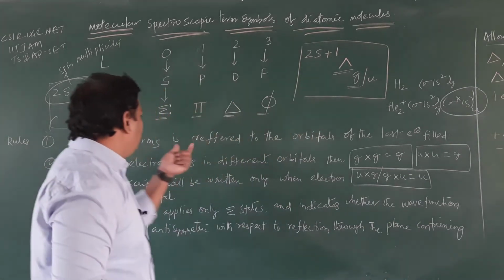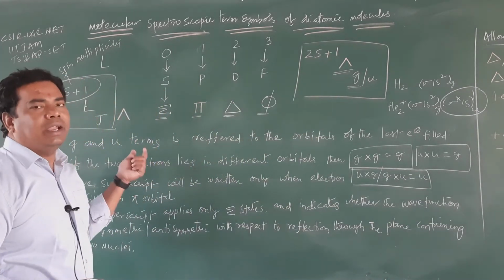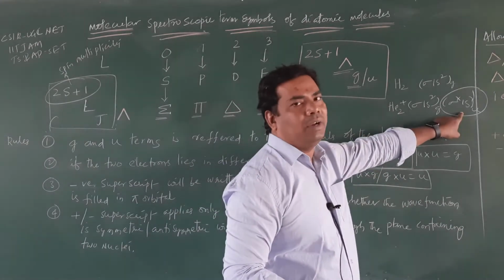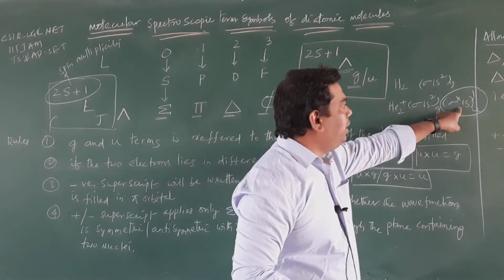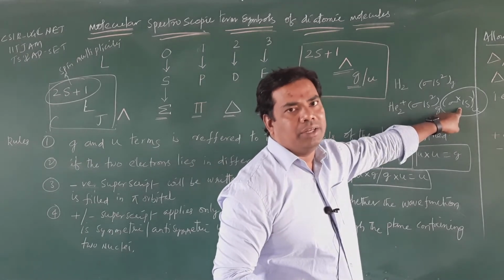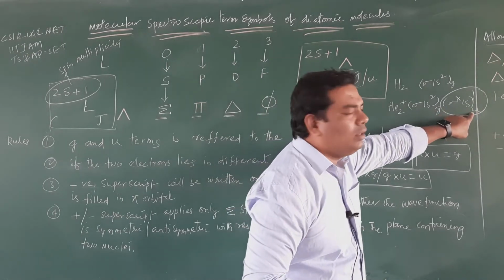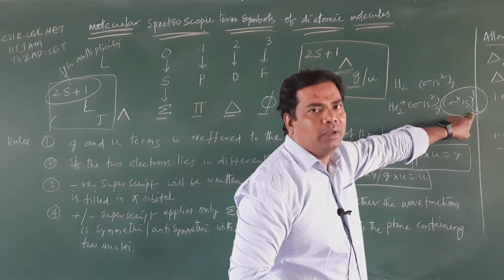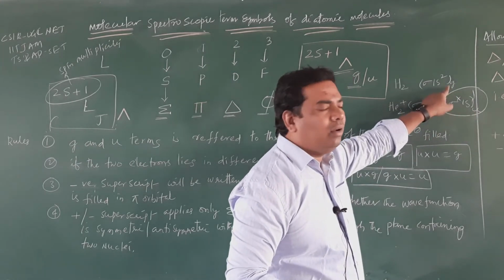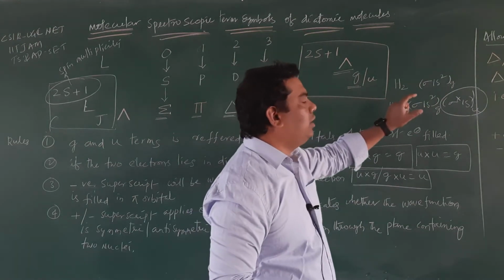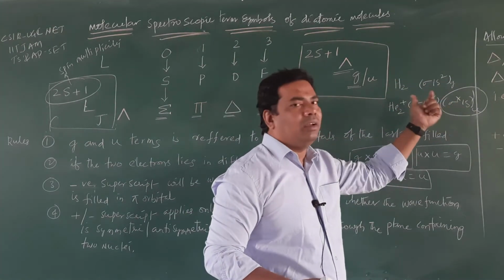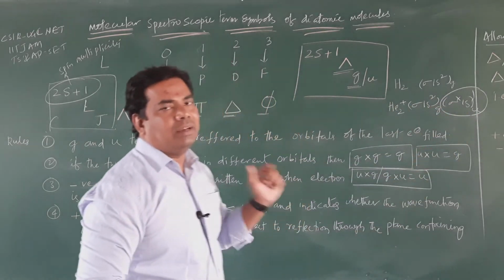So how do we refer to the g and u term? Refer to the orbitals of the last electron filled, so don't take the other one. You take the last electron filled in the molecular orbital energy order. Therefore here the symbol is u, and for H2 the term symbol is g. So you must consider the electrons of the orbitals of the last electron filled. That is rule number 1.